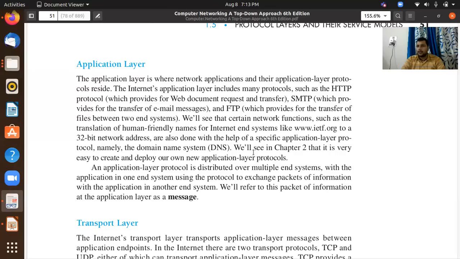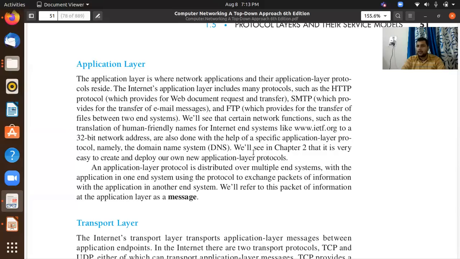So here we see the network as an infrastructure, and we want to use this infrastructure for running our distributed applications. So suppose at the application layer, we are designing a meeting software. That application is distributed in nature. Other people are all across the globe and we want to interact with them. So we will look at the internet as infrastructure. We want to use it, we want to access it. So the application layer will provide us that access point.